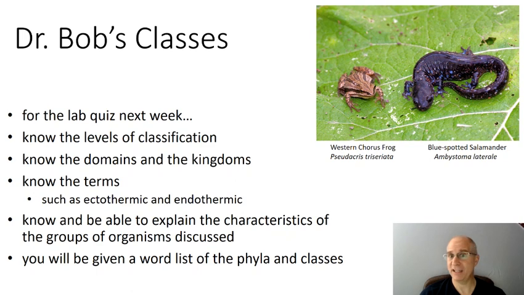But please, if I'm giving you a word list where it is spelled properly, make sure that you actually spell it properly. If you misspell something from a word list, you're going to lose the points for that. You will be able to explain the characteristics of the groups of organisms that we discussed, and like I said, you will be given a word list of the phyla.